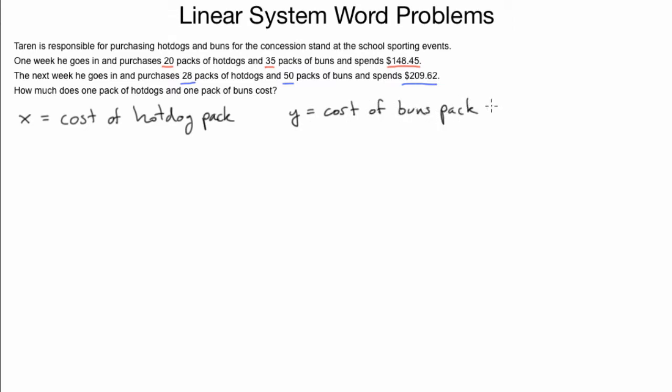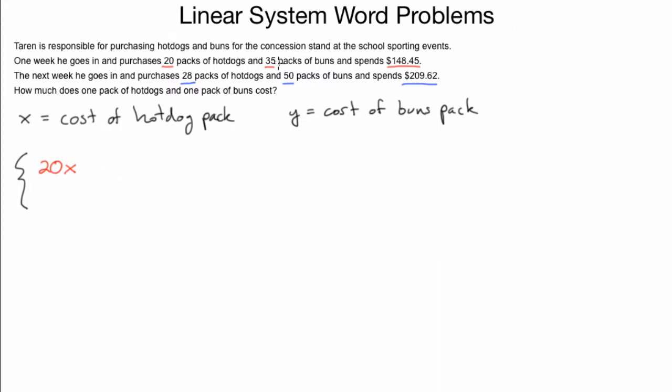All right. So now let's put it together. I'm going to write a linear system here. I'm going to use one equation for each situation. So the first week we purchased 20 packs of hot dogs, and I know that each hot dog cost x number of dollars. So the total amount I spent on hot dogs would be 20 times whatever the cost is. We're trying to figure that out. So 20x.